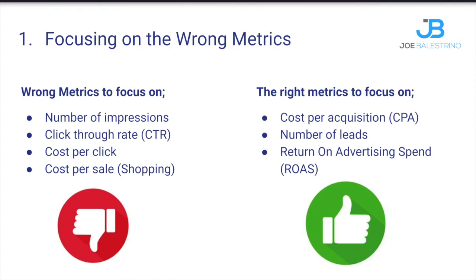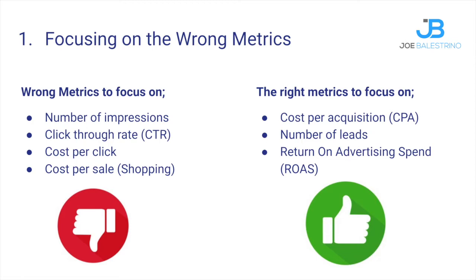The first thing that I see a lot of people make as far as mistakes when it comes to their campaigns is they focus on the wrong metrics. So if you're currently focusing on how many impressions you're getting, what your click-through rate is, or what your cost per click is, like you're trying to get the lowest cost per click, or you're running shopping and you're focusing on how much you're paying per sale, you should really be focusing on metrics such as CPA.